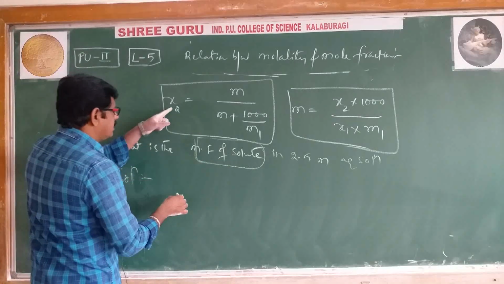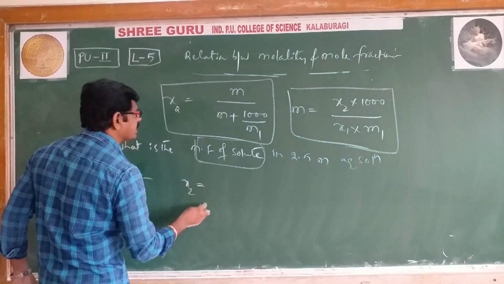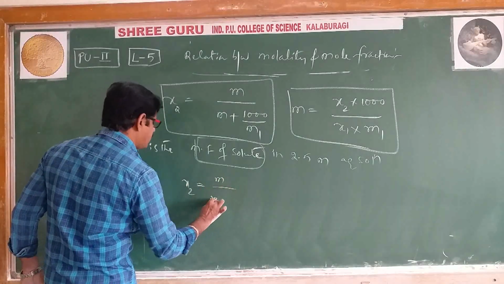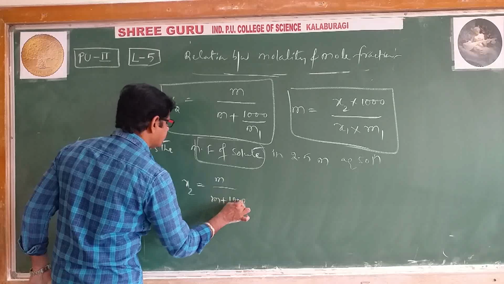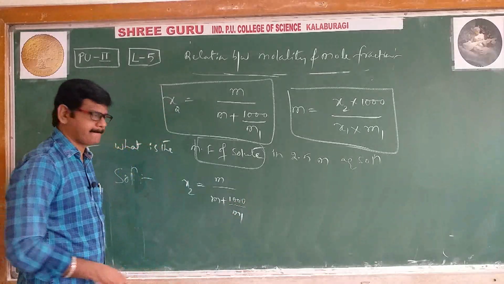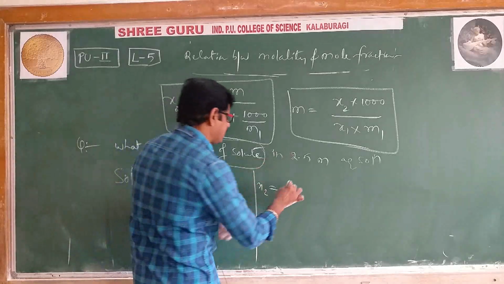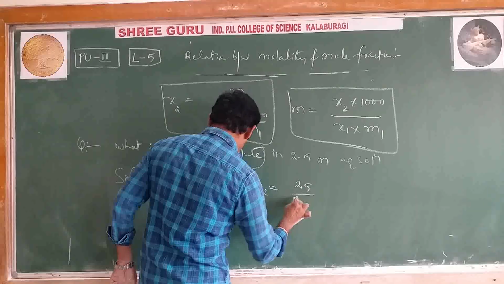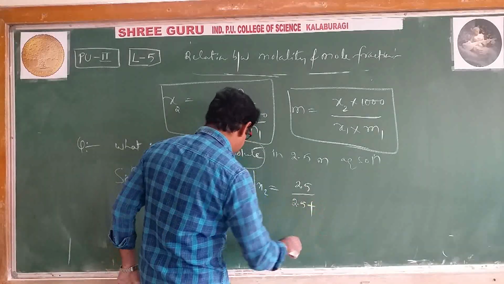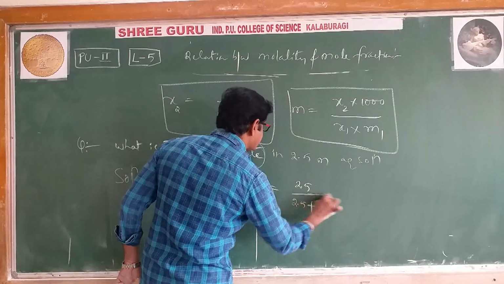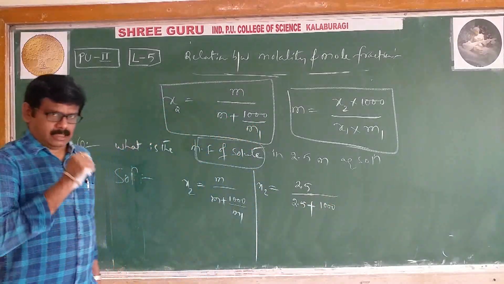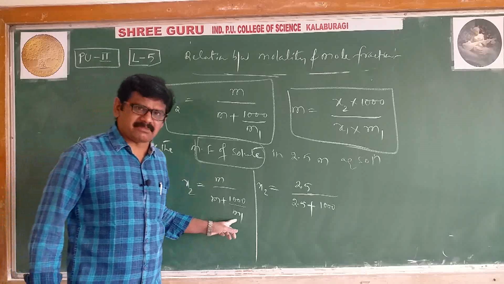Once again we'll write x2 is nothing but mole fraction of solute only. x2 equals M divided by M plus 1000 divided by M1. Therefore, x2 equals molality 2.5 divided by 2.5 plus 1000 divided by the molar mass of solvent.